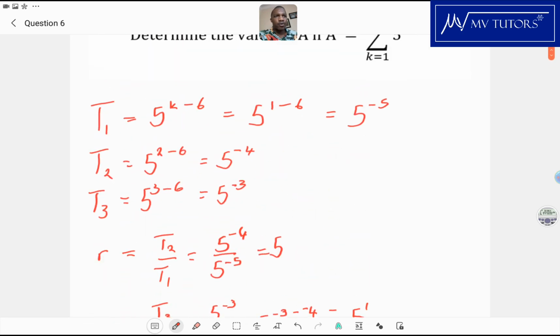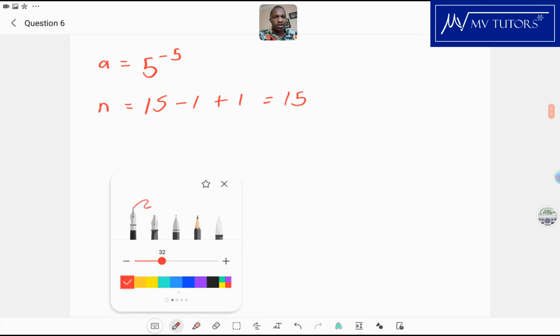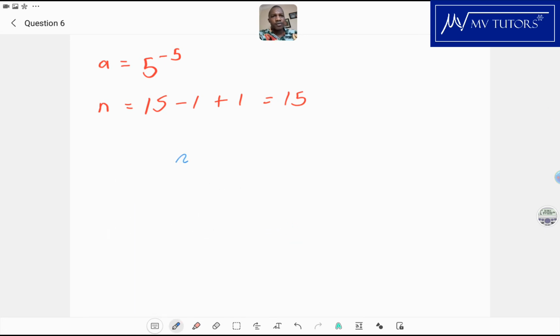If, for example, our sigma notation, this is just an arbitrary example, so let me change the color, maybe make it blue. If a sigma notation was like this, k is equal to 3 and there's 15 here, then to solve our n, we would say 15 minus 3 and then plus 1, an extra 1, so our n would be 15 minus 3 is 12, plus 1 is 13.